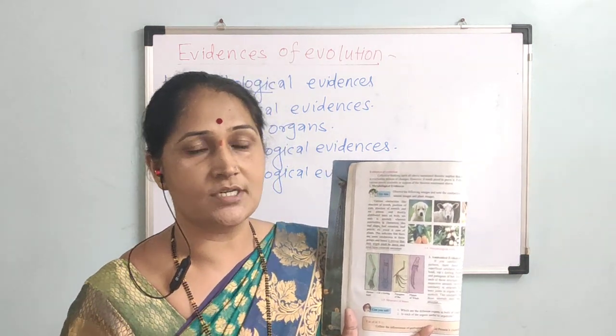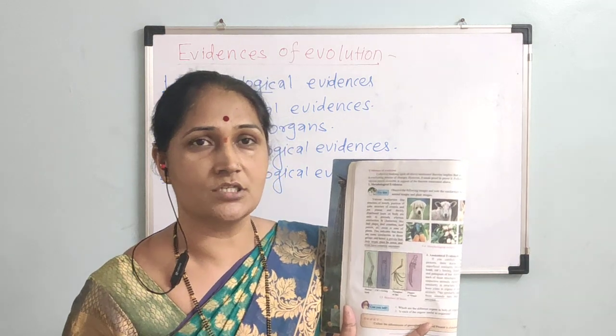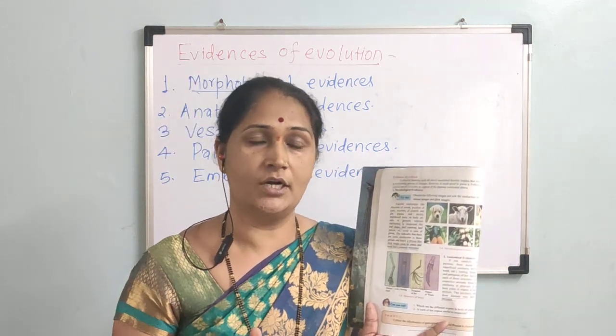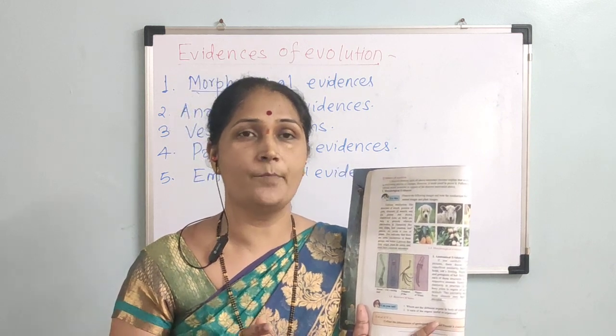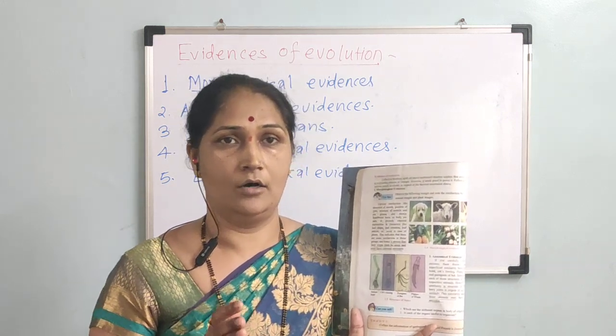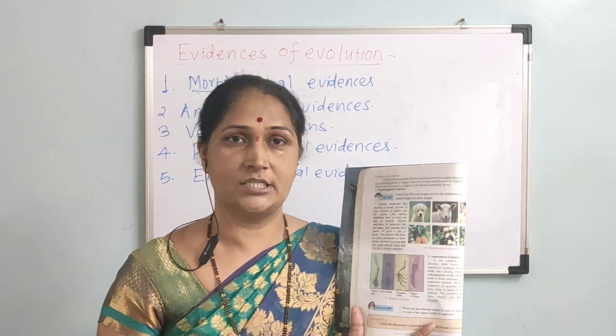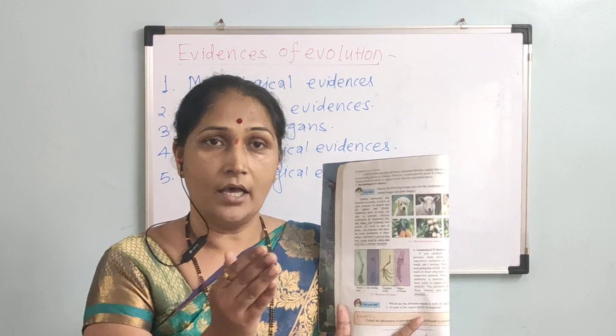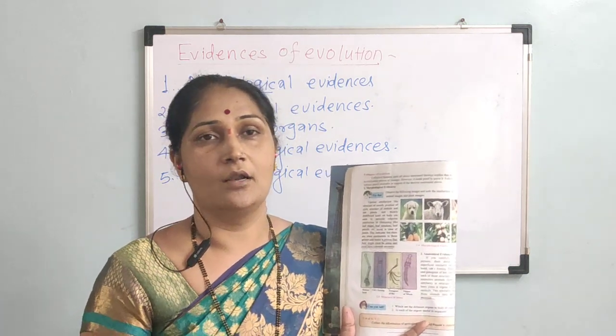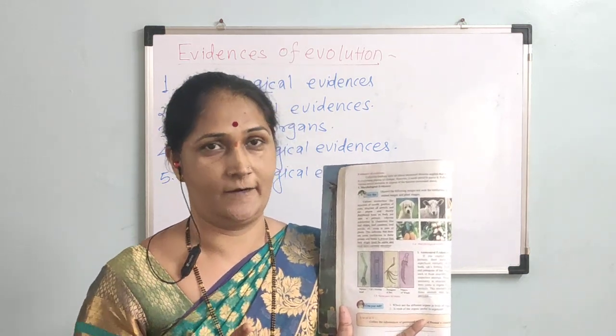Position of nostril, structure of nostril, and if you observe examples of animals, for example dog, cat, goat, or sheep, they show similarities. The body of these animals is covered with thick hair.